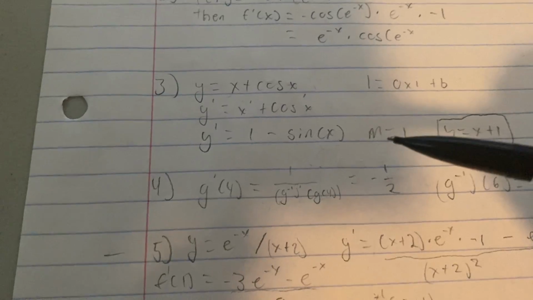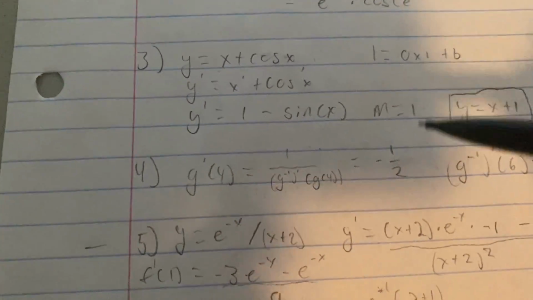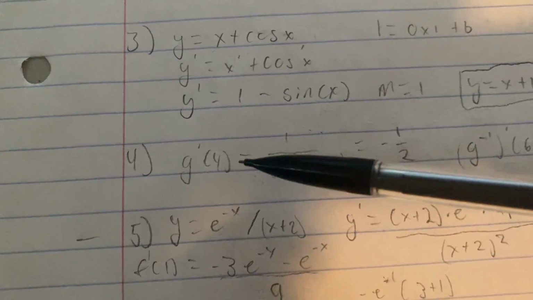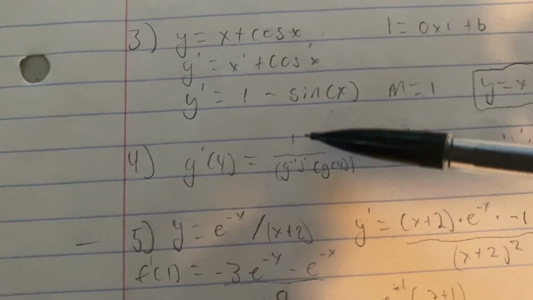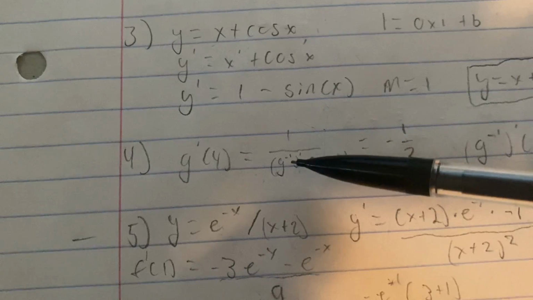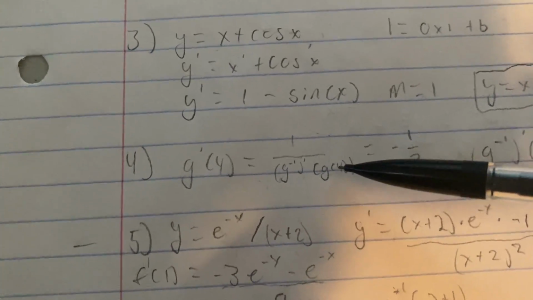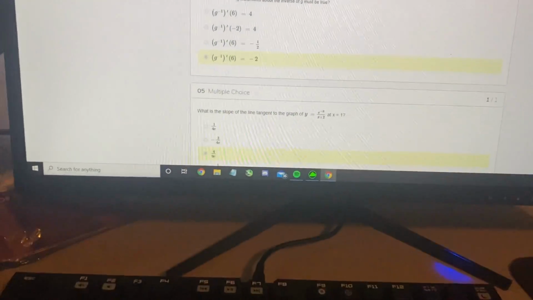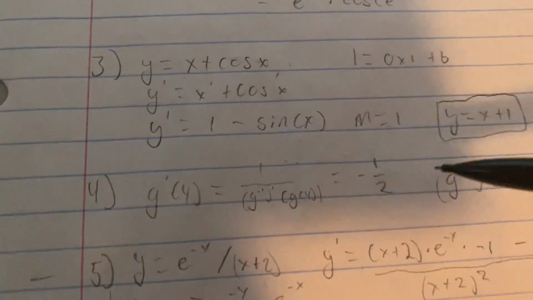In this case, it's 4. So we just plug in the numbers, and g prime of 4 equals 1 over the inverse derivative of g at g of 4, and g of 4, as it says in the equation, is 6. So we can plug in 6.